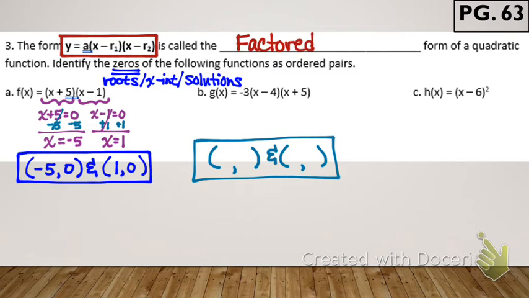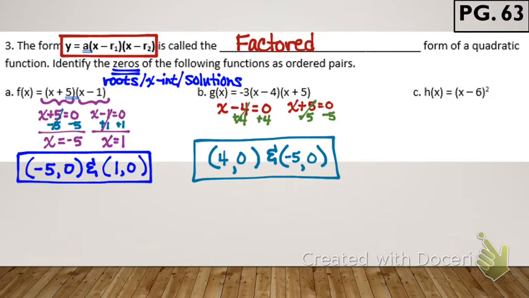So what would these ordered pairs be? 4, 0, and -5, 0. Awesome. Absolutely correct. What do you guys notice that's a little bit different about part C? There's only one, right? But it's being squared. What does something being squared mean?